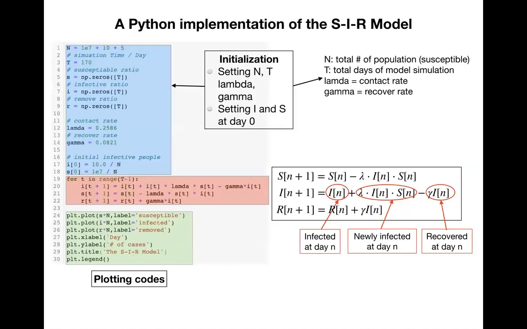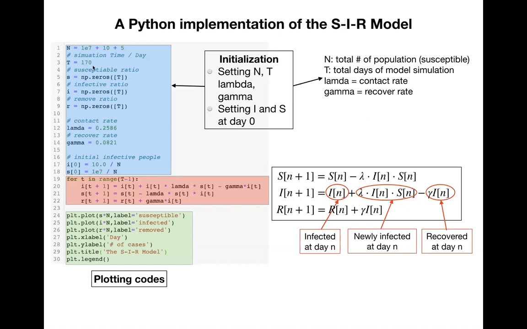The implementation of the SIR model is similar to the SIS or SI model. You just need to include a new array called R. N is the total population, and 10 is the initial number of infected people.